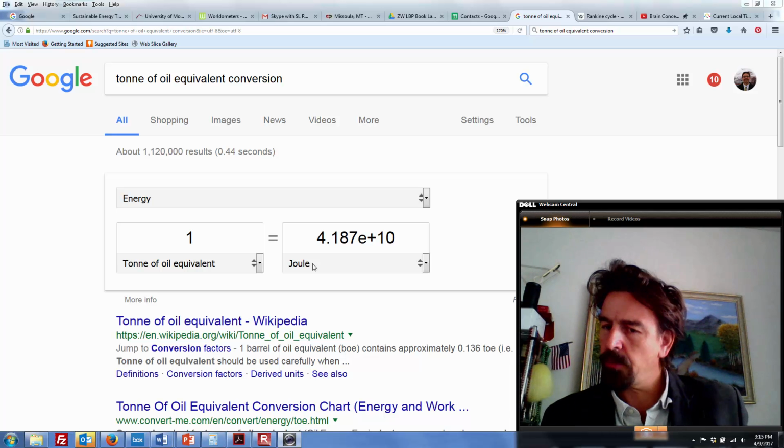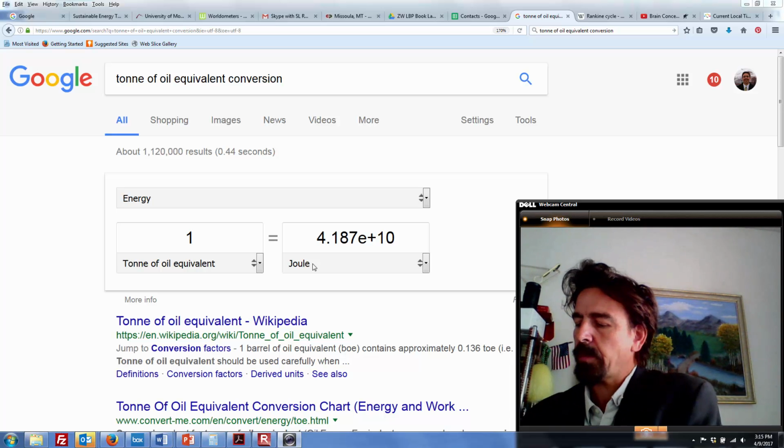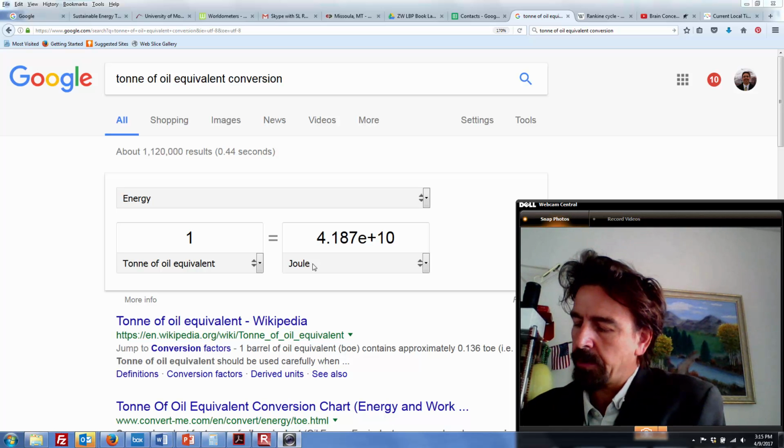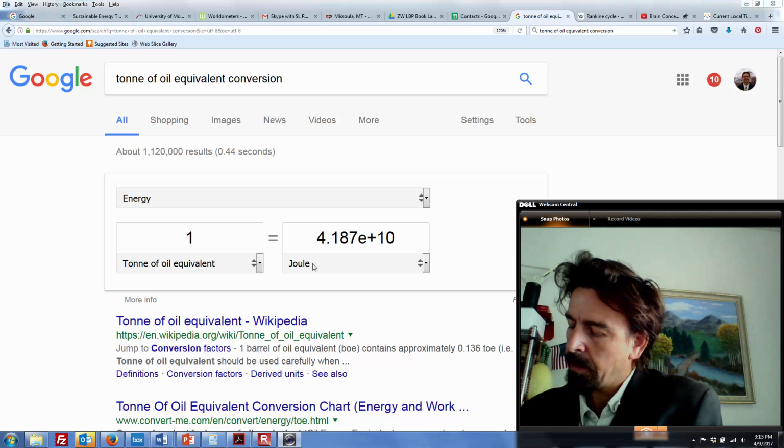Now I'm going to rewrite that. Equals 4.2 times 10 to the 10th joules equals 42 times 10 to the 9th joules equals 42 gigajoules.